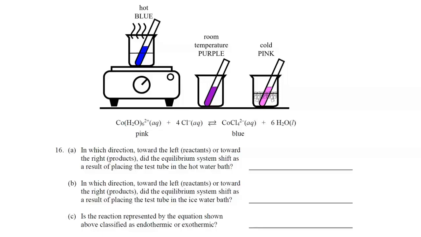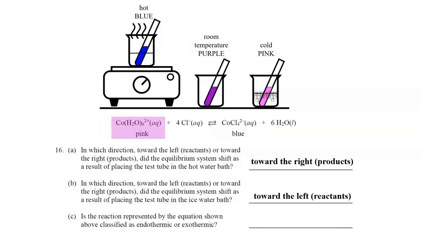Well, because it turned blue in the hot water bath, that means that it shifted toward the right, or toward the products. Part B, in which direction did the equilibrium system shift as a result of placing the test tube in the ice water bath? When placed in the ice water bath, it turned pink, so that represents a shift toward the left, or toward the reactants.